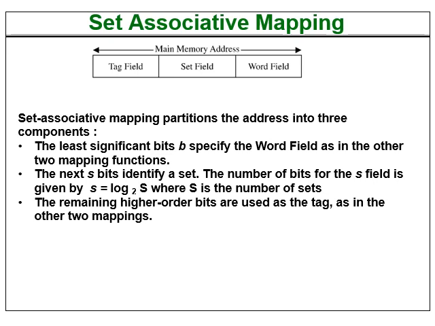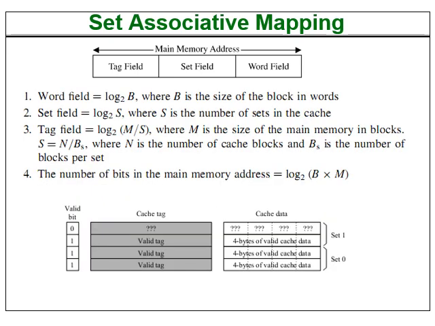Say for example, I tell you that the cache memory has 128 lines and one set is made up of 4 lines. I am not giving you the number of sets. How can you find the number of sets? Simply divide the number of lines in the cache memory by the size of the set and you get the number of sets in the cache memory. Right? So these are the different fields and how to calculate them.